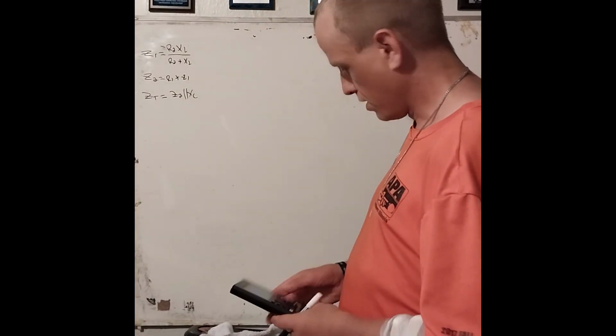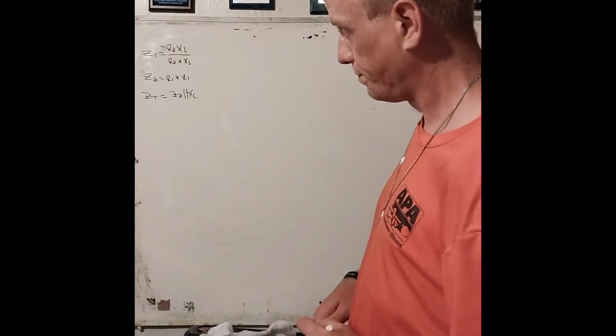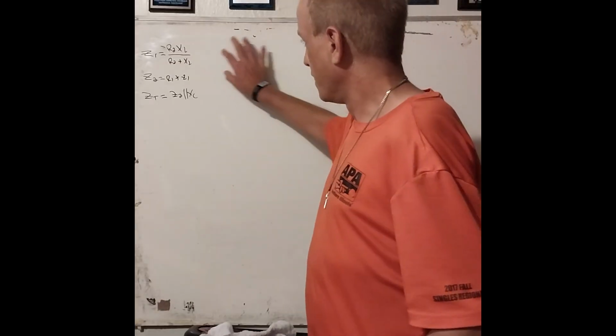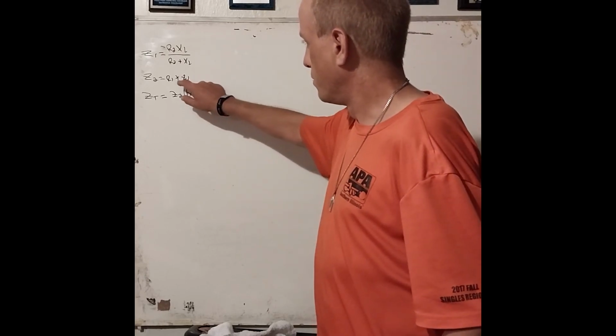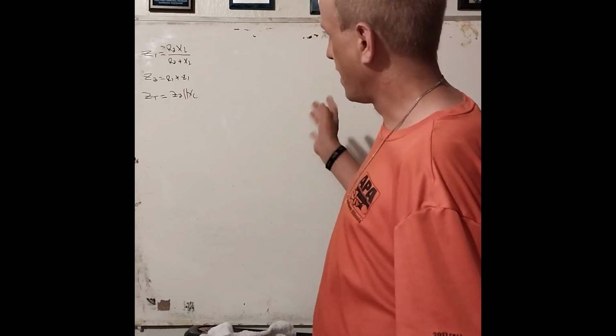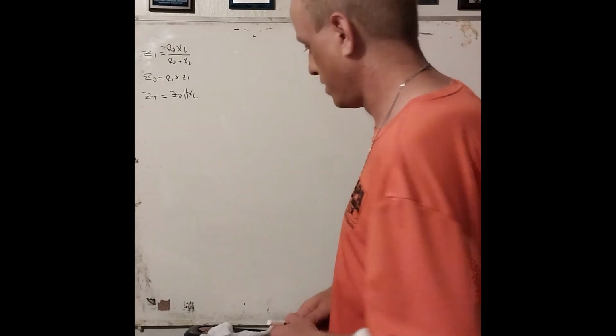So if I do the calculation for Z sub 1, we'll get some value here. After that, we'll calculate Z sub 2. After that, we'll calculate Z sub T, the total impedance. After that, we'll calculate I.